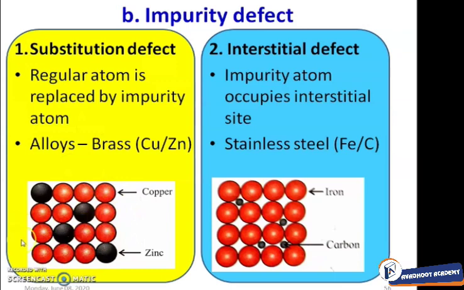In copper metal, copper atoms are the regular atoms, and when some of the copper atoms are replaced by zinc atoms, these are the impurity atoms, then the resulting crystal will be defective, and that type of defect is called substitution impurity defect. Example, brass alloy, which is the alloy of copper and zinc.